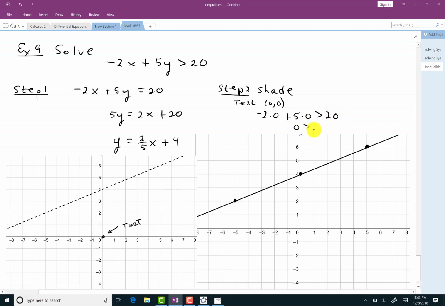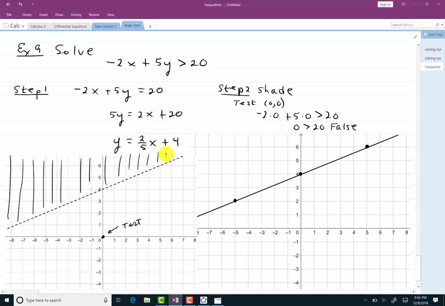What I get is 0 is greater than 20, which is false. That means that 0 is not an answer. That means that anything below the line is not an answer. So my answers must be on the other side of the line. So I will shade above the line.